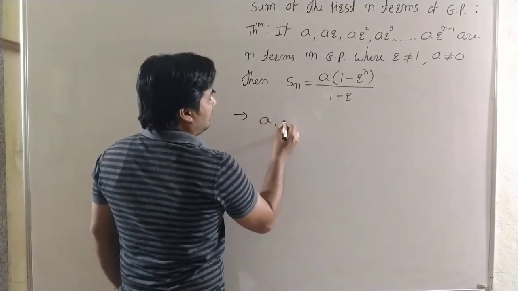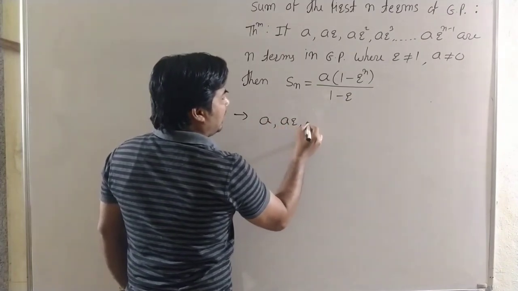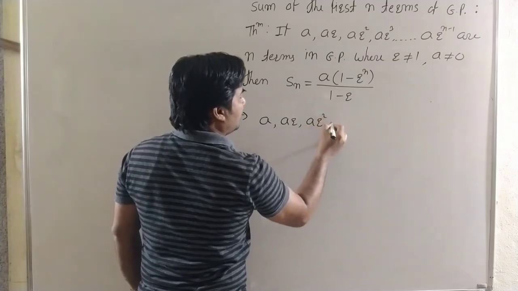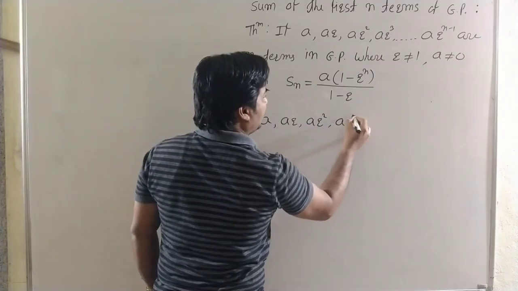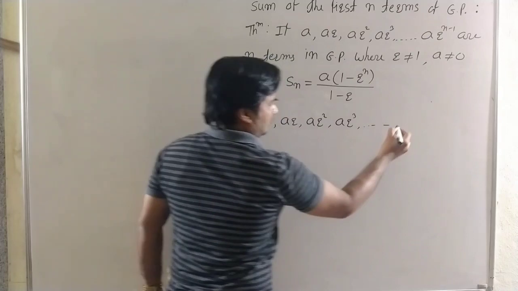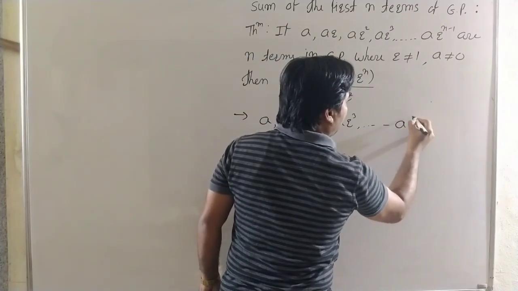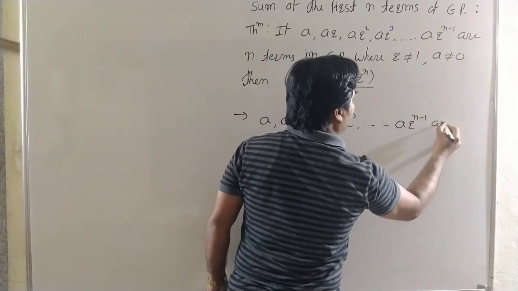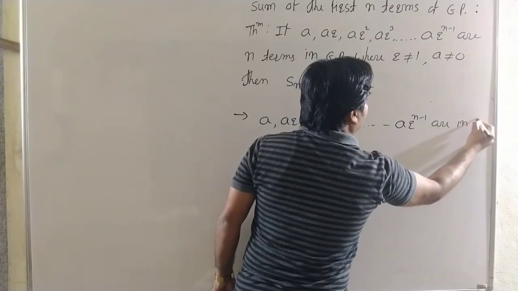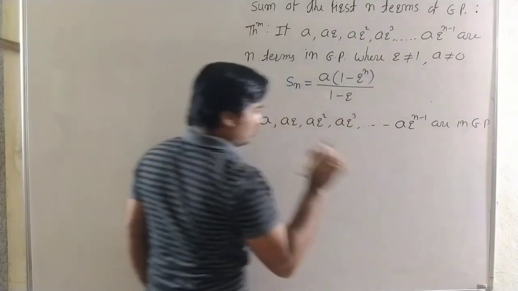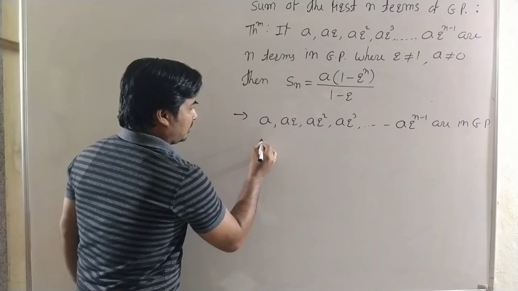Then a, ar, a into r square, a into r cube up to a into r to the power n minus 1 are in a geometric progression. So we take the sum of this geometric progression of n terms.